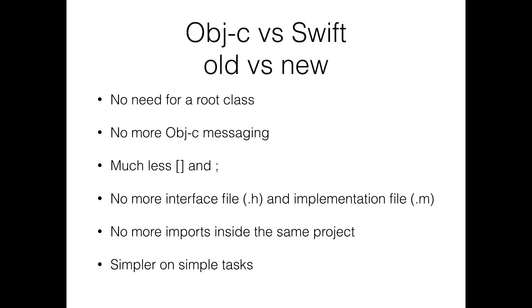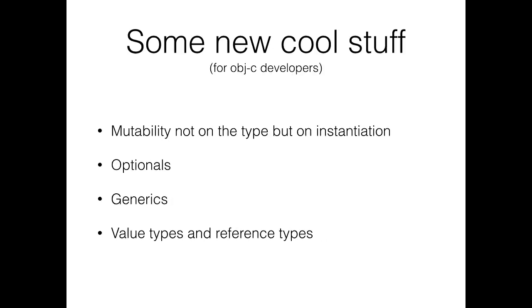And a lot of people agree that it's simpler on simple tasks. Dealing with NSStrings in Objective-C could be a pain for a really simple thing, and Swift helps us a lot by giving simple interaction with the language to do simple stuff.